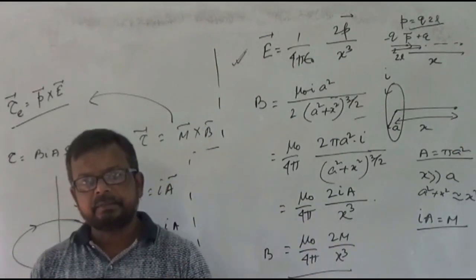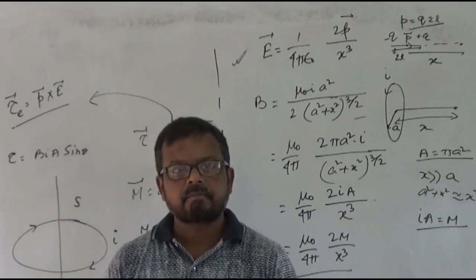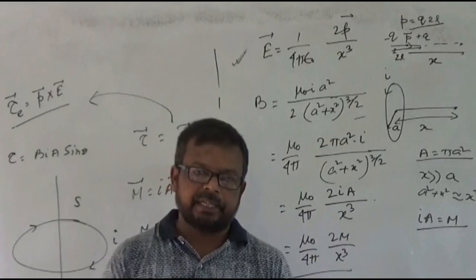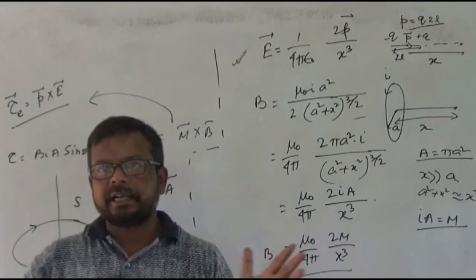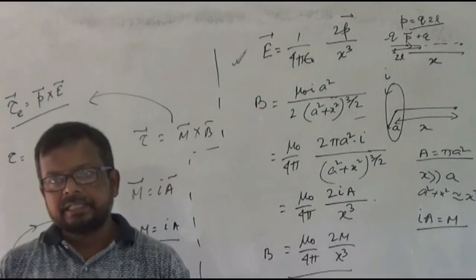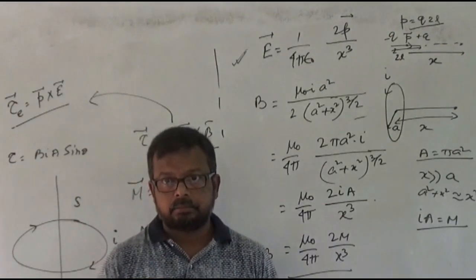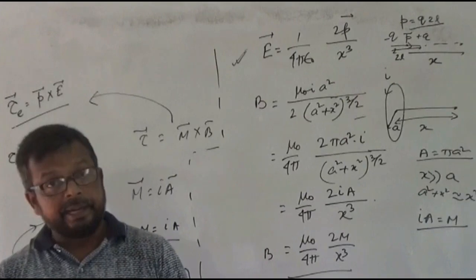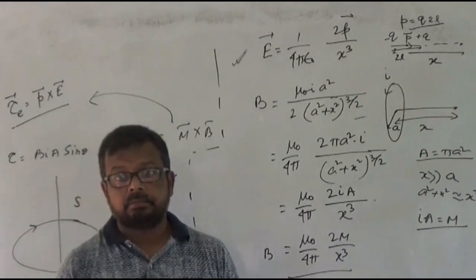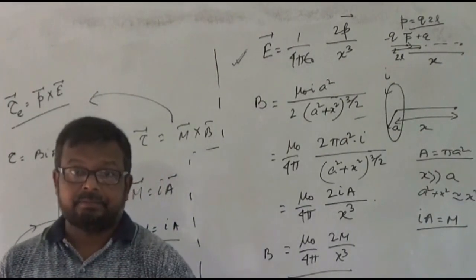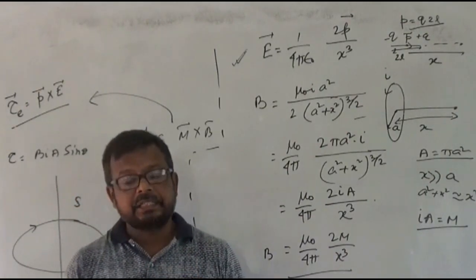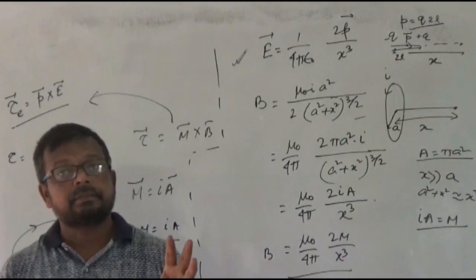produces a magnetic field, right? A current loop produces a magnetic field and behaves like a magnetic dipole at large distances, and is subject to torque like a magnetic needle. This led Ampere to suggest that all magnetism is due to circulating current.